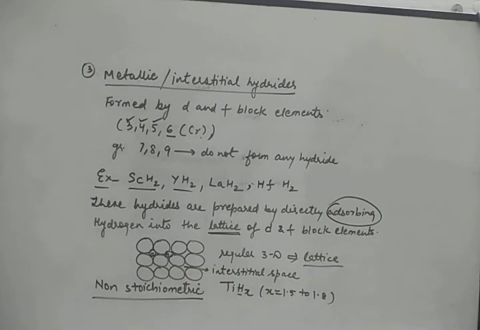Such compounds are known as non-stoichiometric, meaning the ratio is not a whole number. Stoichiometric means the ratio is a whole number, for example sodium chloride, NaCl, 1:1 ratio. These hydrides have hydrogen which is trapped in the interstitial space. Here the hydrogen is not making any kind of bond. It is simply trapped. So these hydrides are non-stoichiometric in nature.